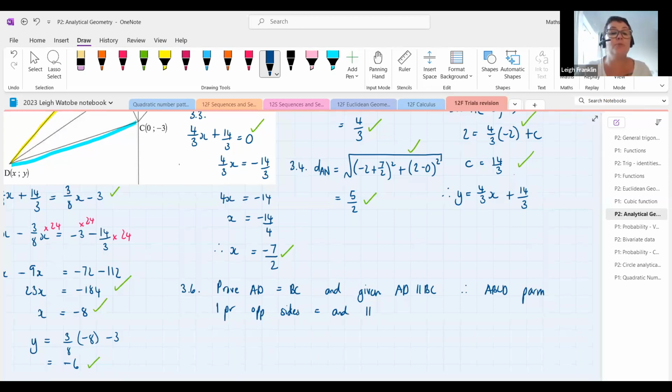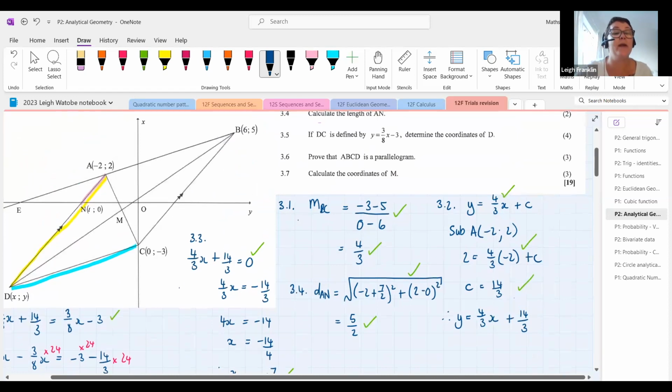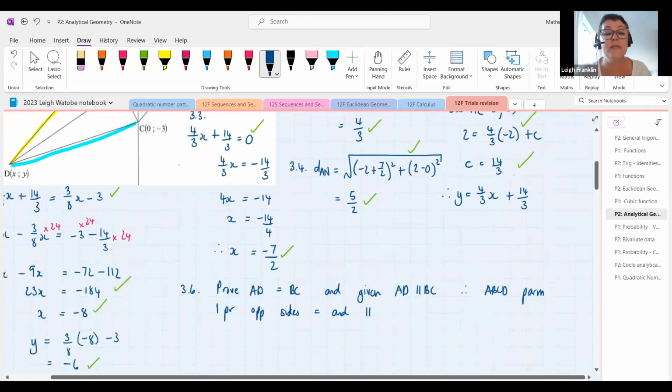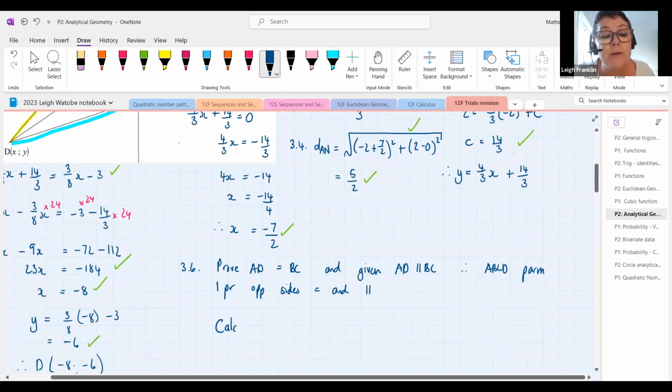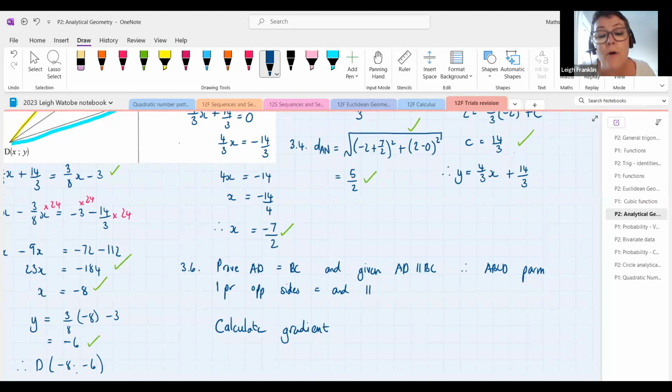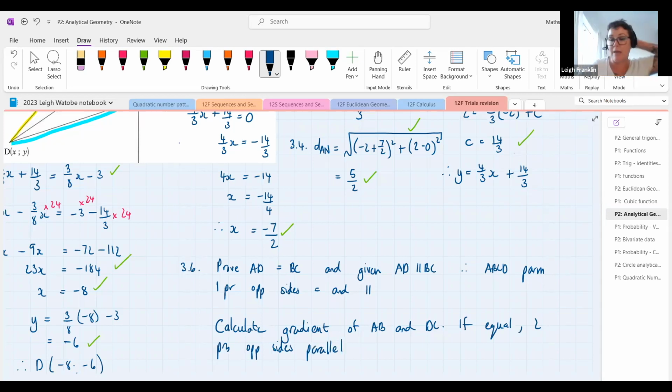Or your second option, as Ntokozo suggested, we work out the gradient of AB and DC. So we could calculate the gradient of AB and DC. If equal, we would have two pairs of opposite sides parallel. And then that means that ABCD would also be a parallelogram. So either of those two options.